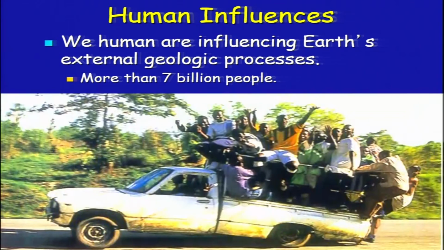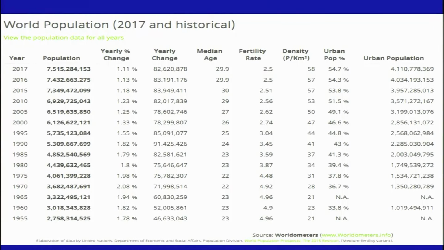So what are we doing? We are overloading the system. The population is growing exponentially, and that is going to affect the overall external processes.